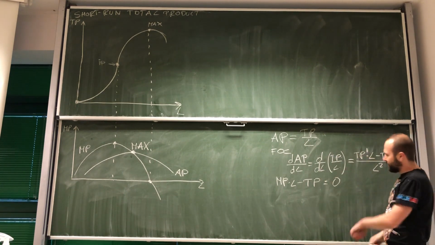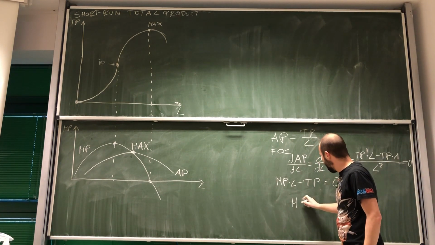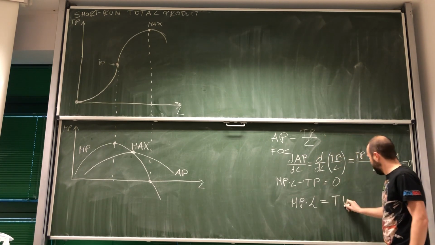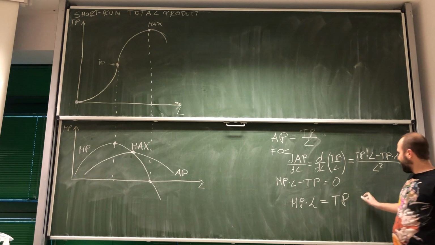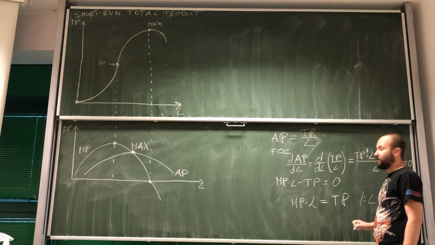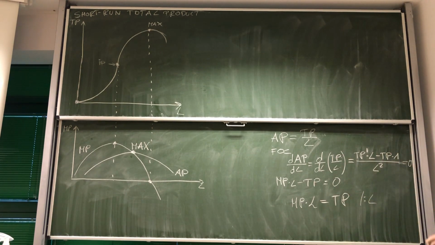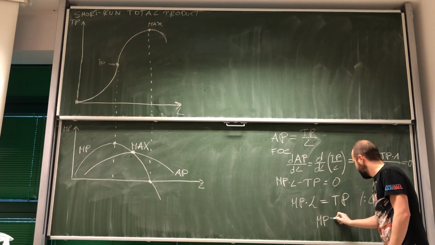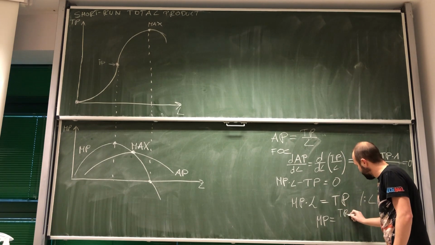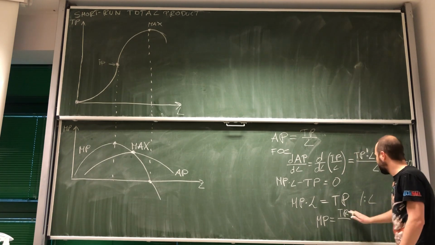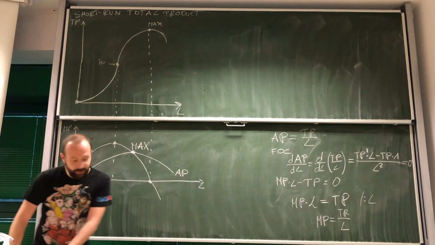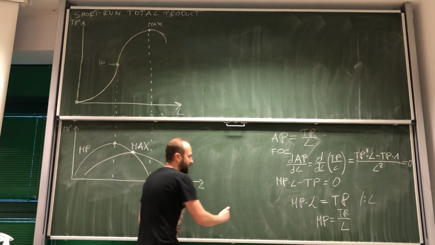But let's make it even simpler. We've got that MP, marginal product, times labor is equal to total product. Or, if I divide both sides by L, which we assumed is different than 0, we get that marginal product is equal to total product over labor, which is the result that we wanted to get.